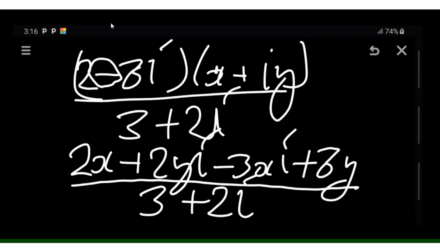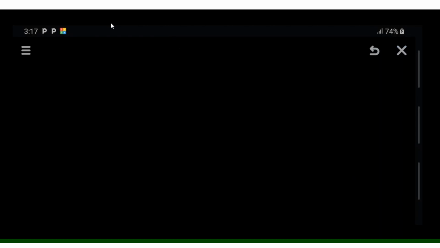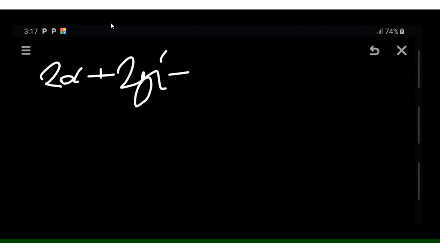So from here we can check what is in here. Maybe we can add or subtract. As we can see, there's nothing we can do. So from here we conjugate, we rationalize the denominator. Let's watch here. So rationalizing the denominator, I am having a 2x plus 2yi minus 3xi plus 3y.